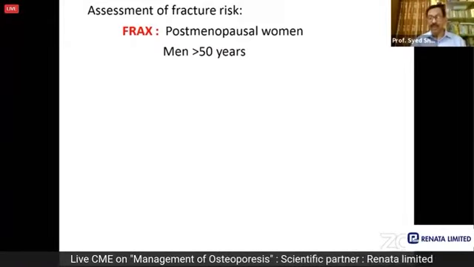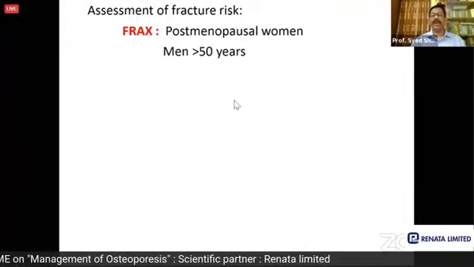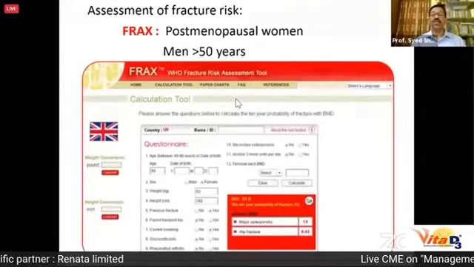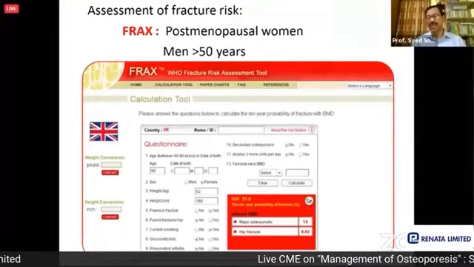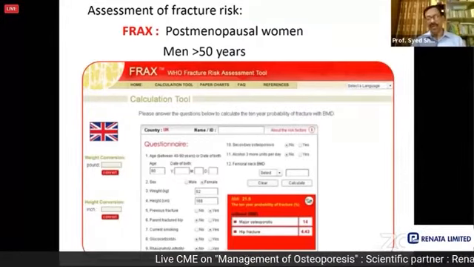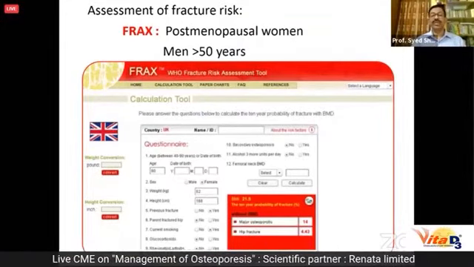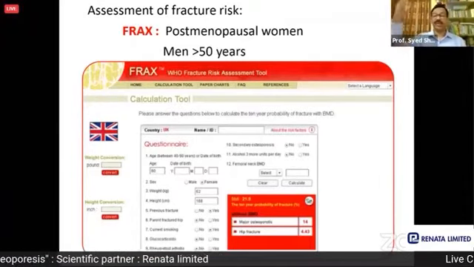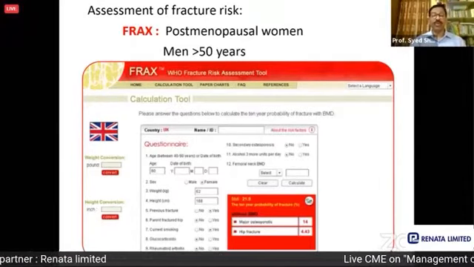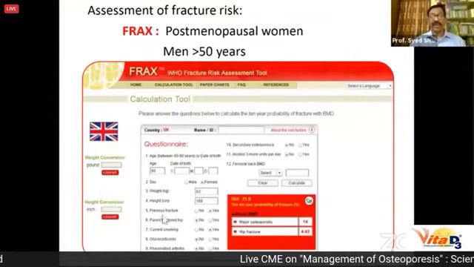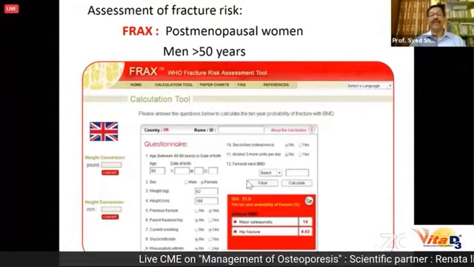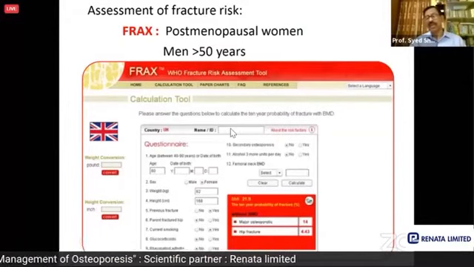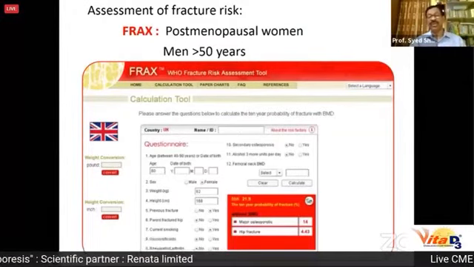In the case of postmenopausal women and men over 50 years, we should go for the WHO fracture risk assessment tool. But unfortunately, for our country, there is no such tool available on the website. This is for some developed countries. We can put all this data in and find the assessment of fracture risk for 10 years for hip fracture and other bone fractures.